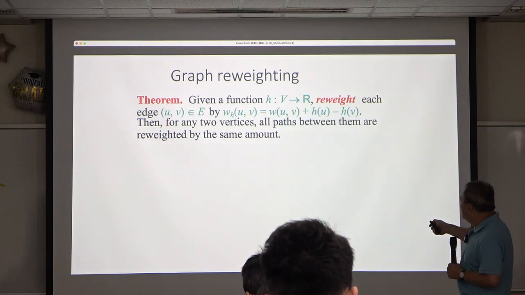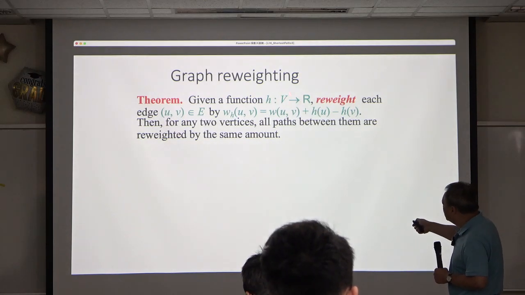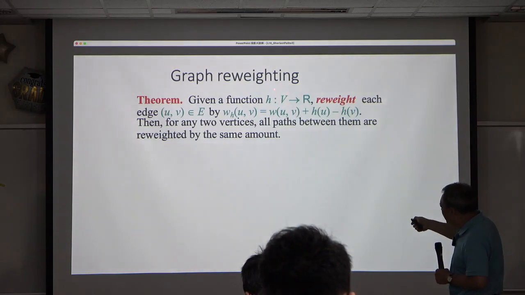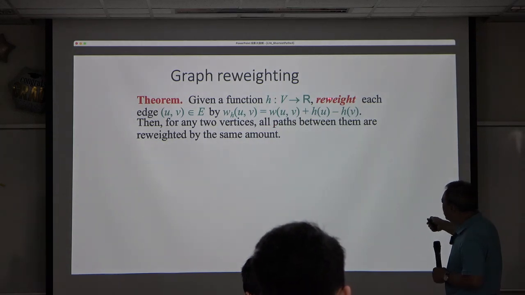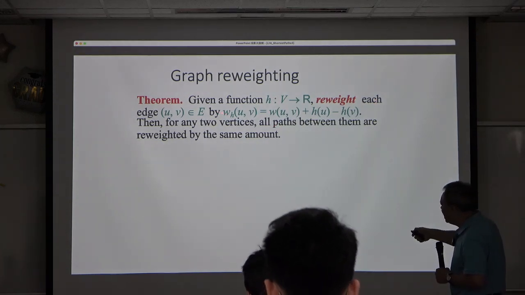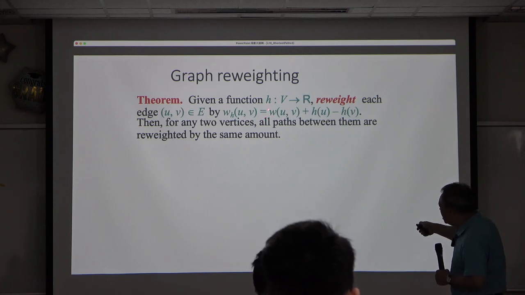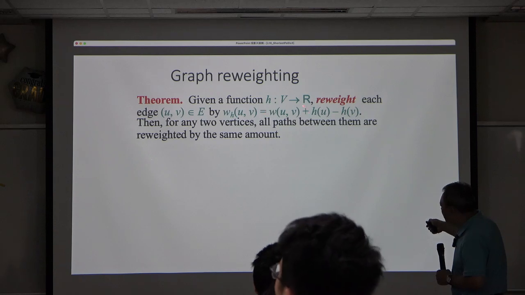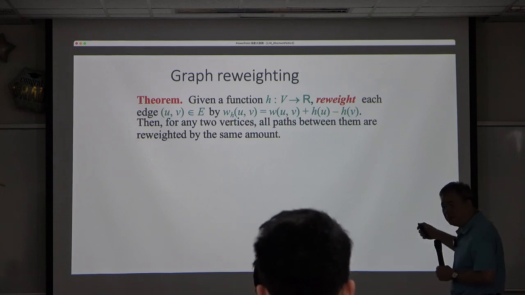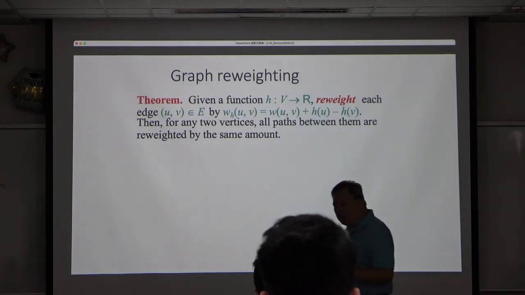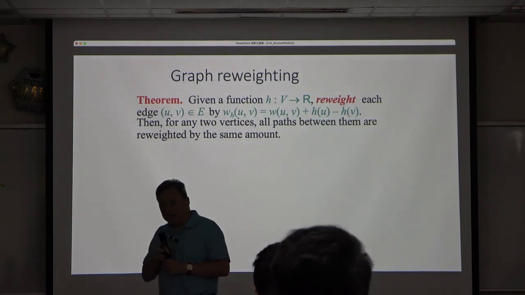So h applied to a node, h is a function from V to R. It applies to a node and you get a value. Once you use the reweight, each edge from U to V is going to be the original weight plus h(U) minus h(V).